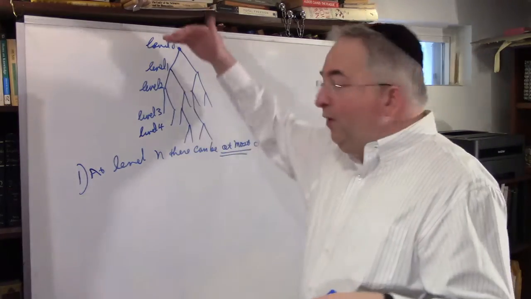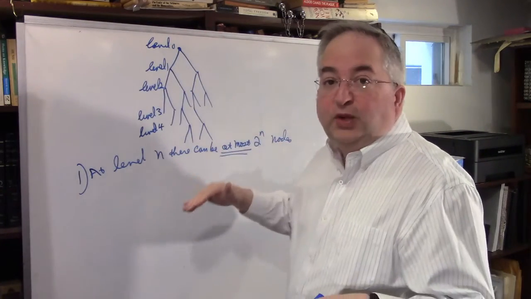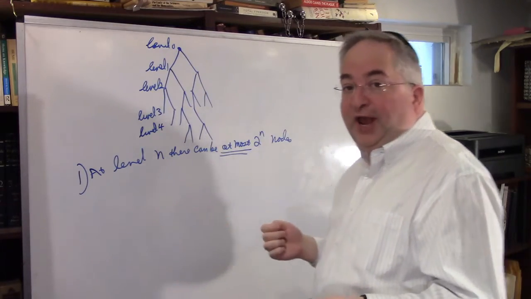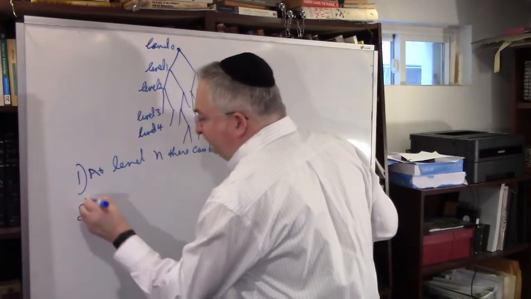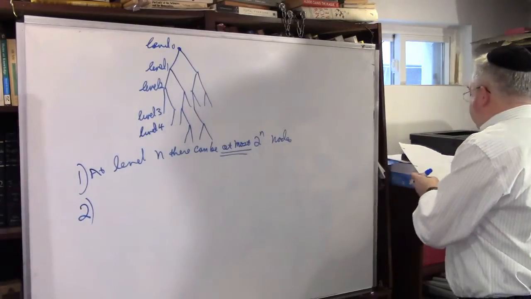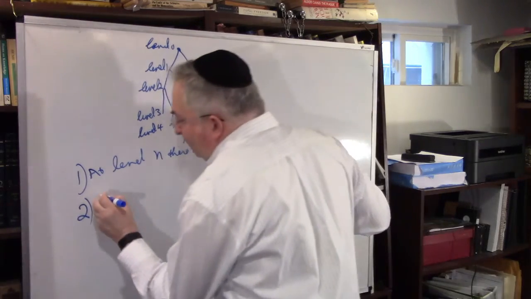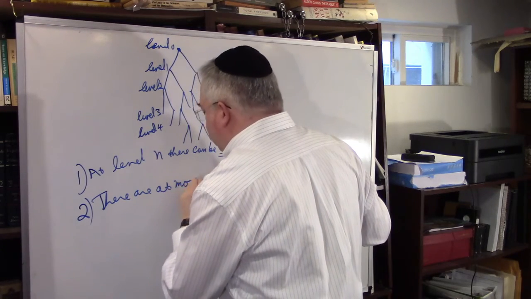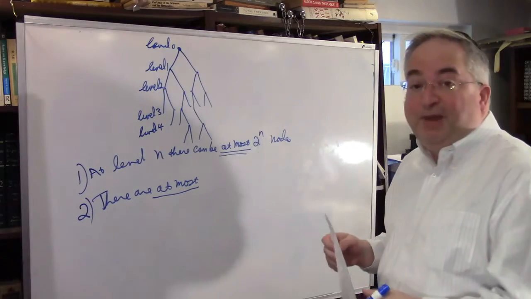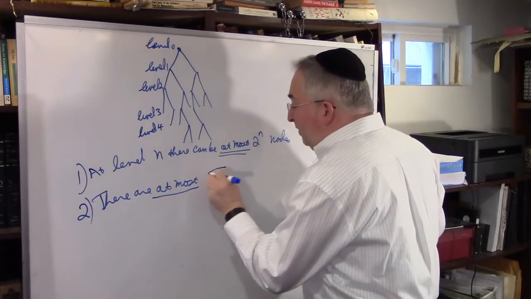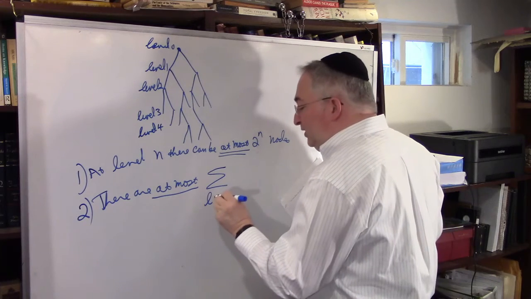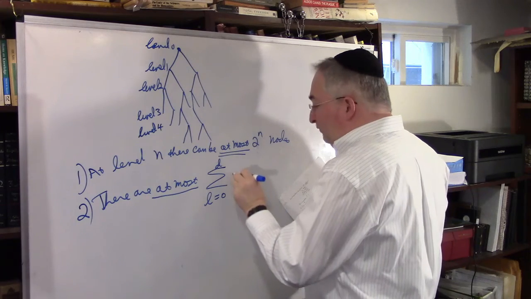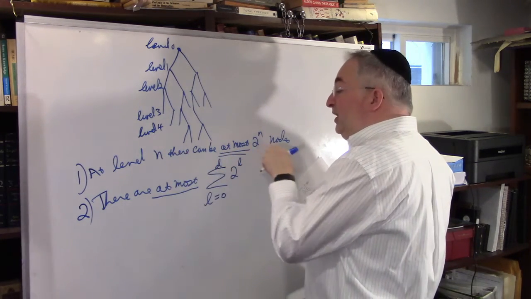Okay? Great. Now, I want to add up a tree. I have a tree of depth d. How many nodes can I have? Let's say it nicely. There are at most, again that's English, at most means this is the maximum amount that there could be, the summation over level L equal to 0 to d, where d is your depth, of 2 to the L. This is how many nodes there can be in each level.